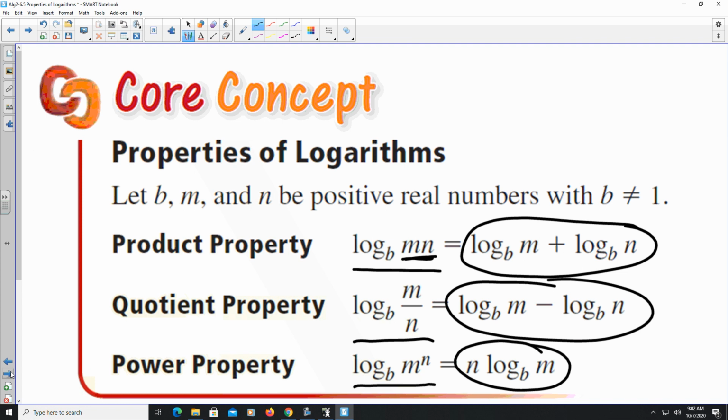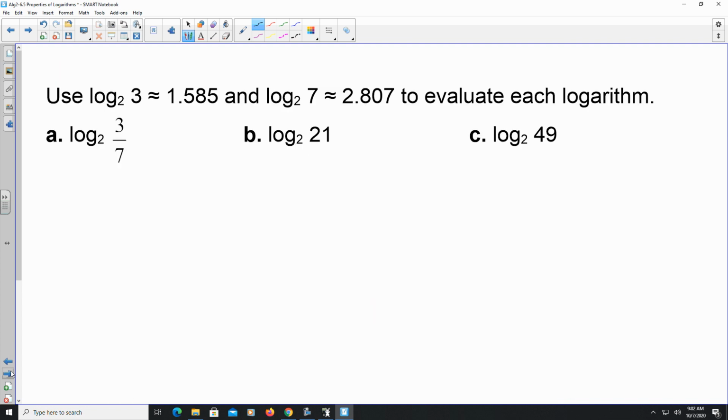So how does this help us? In examples such as these, they are giving us certain values of certain logs. They're saying that log base 2 of 3 is about 1.585 and log base 2 of 7 is about 2.807. With that information, they want us to evaluate each of these logarithms. In example A, we have log base 2 of 3 over 7. Right now, I can't solve that.